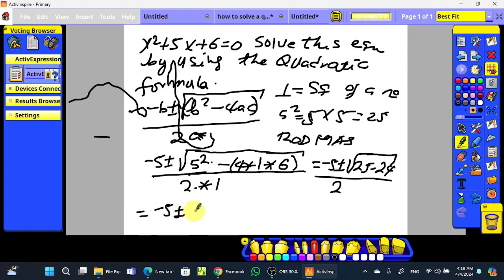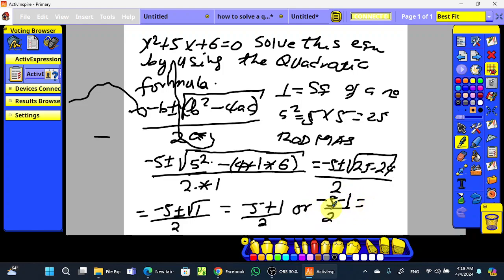is equal to minus 5 plus or minus the square root of 1, over 2, which is equal to minus 5 plus 1 over 2, or minus 5 minus 1 over 2.